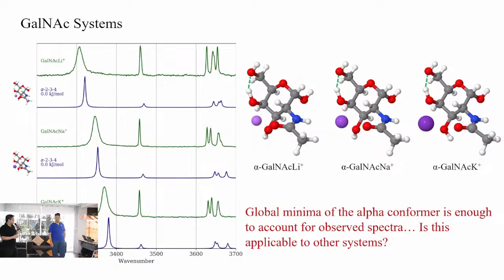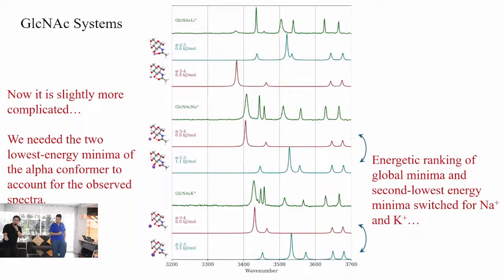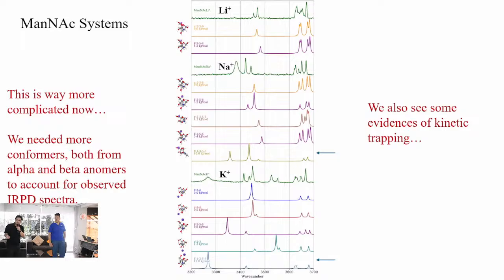So this is more of a speculation for us based on what we saw in the structure, because here, where we observe kinetic trapping, all of these other low energy conformers don't have four coordination systems. Only these that we suspect are kinetically trapped have shown these four coordination systems. So even though their energy is relatively high, if the barriers around them are also high, then it gets harder for them to go out.